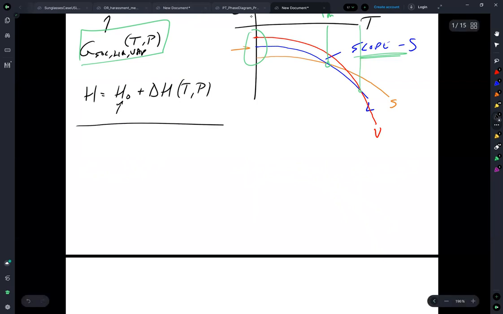So I said, okay, let's assume that my reference is 298 Kelvin, 1 atmosphere, and we'll say that the phase that is in equilibrium is liquid.